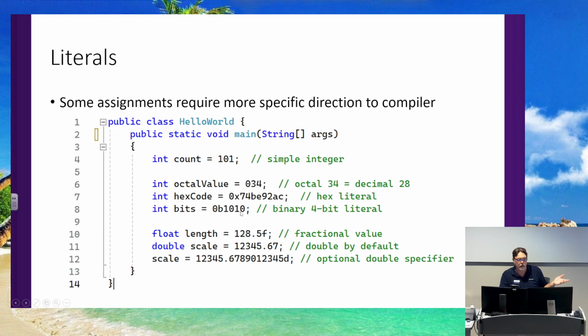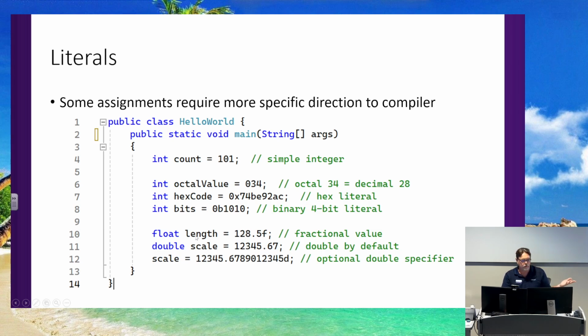If you want to define a binary value, a sequence of zeros and ones, you can say 0B to represent a binary literal. How many of you already knew that you could do that? I don't see any hands, so excellent. I added value today. Java supports this, C# I think is the same. Naturally, C++ supports this. So most higher level languages that you're going to use, you'll have these tools available to you should you ever need them.